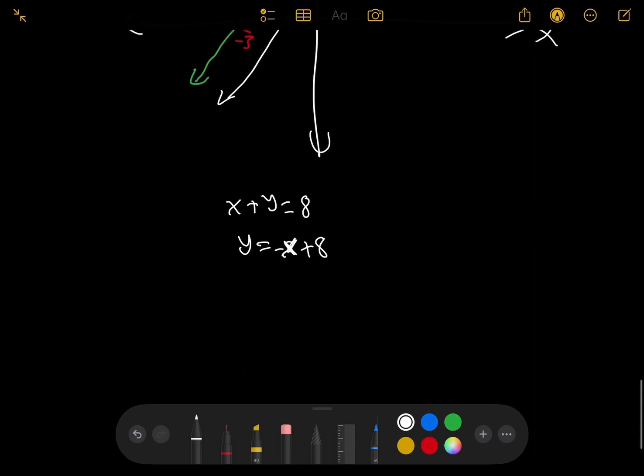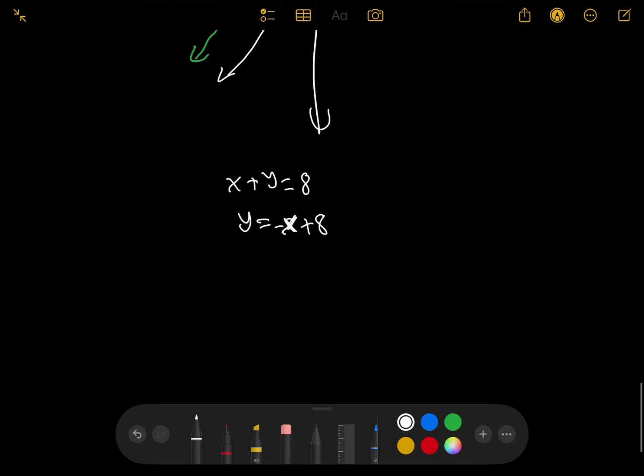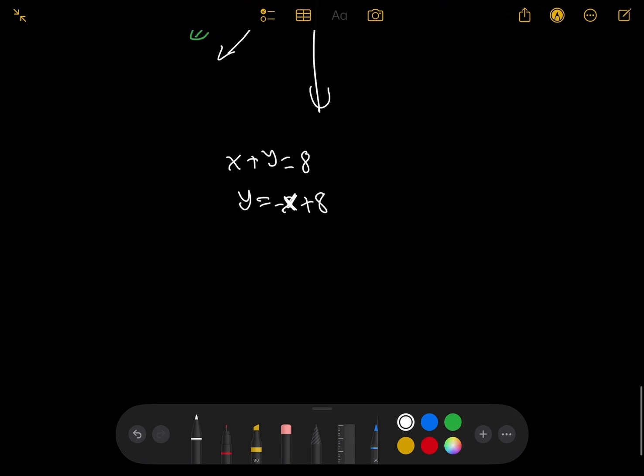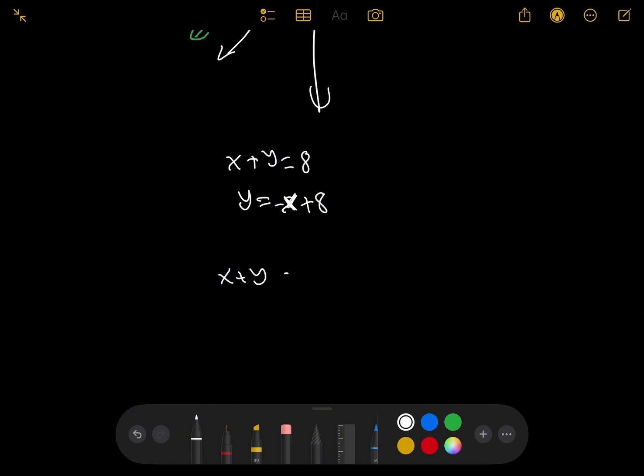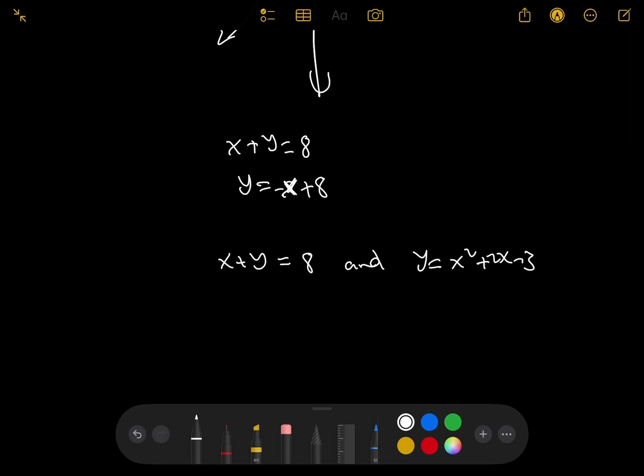Then another case we'd have is maybe they ask where the graph of x plus y equals 8 and a parabola, y is equal to x squared plus 2x minus 3, meet.